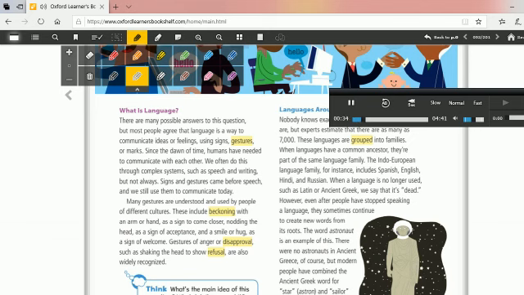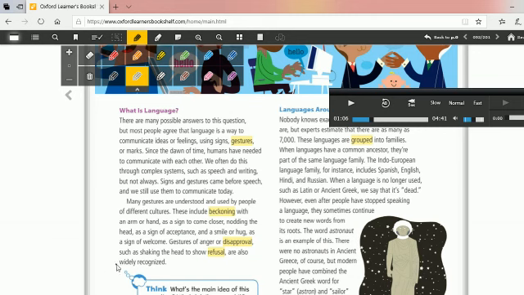Signs and gestures came before speech, and we still use them to communicate today. Many gestures are understood and used by people of different cultures. These include beckoning with an arm or hand as a sign to come closer, nodding the head as a sign of acceptance, and a smile or hug as a sign of welcome. Gestures of anger or disapproval, such as shaking the head to show refusal, are also widely recognized.